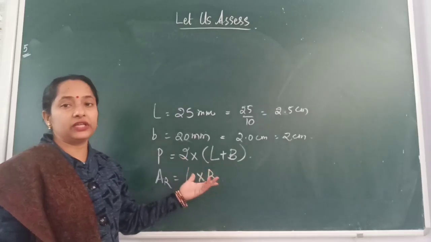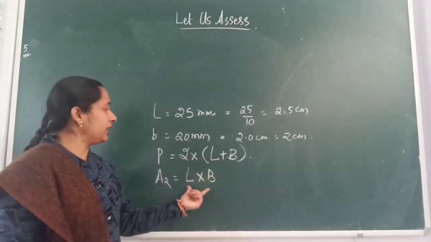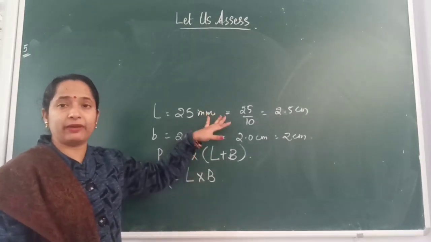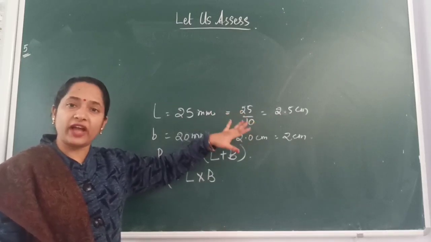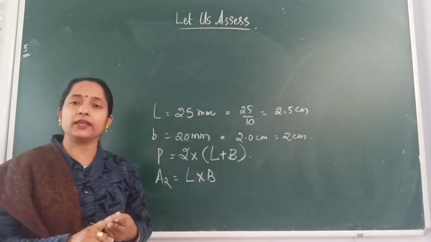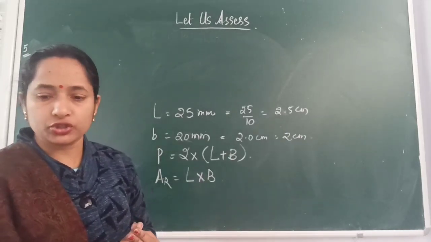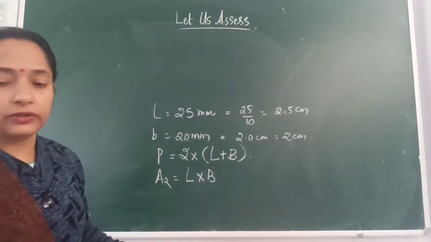Or after finding the perimeter and area in terms of millimeters, after that also you can convert. So it is better to always convert the units into centimeters first. Why? Because he has asked to find the perimeter and the area in units of centimeters. So you try this one also.